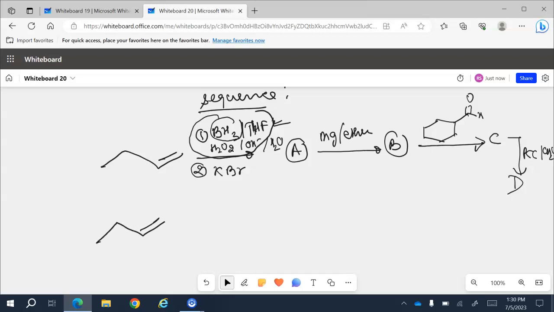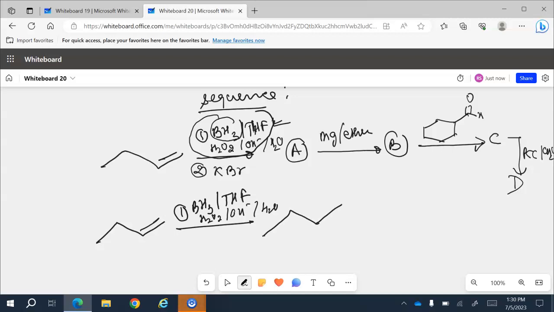When you do this reaction, one step is with the BH3 and THF, and the second one is H2O2 and OH minus and H2O. That will result in the formation of alcohol by anti-Markovnikov rule. That means hydrogen will be added to the carbon with less number of hydrogens, and OH will be added to the other carbon. So this alcohol is your primary alcohol.